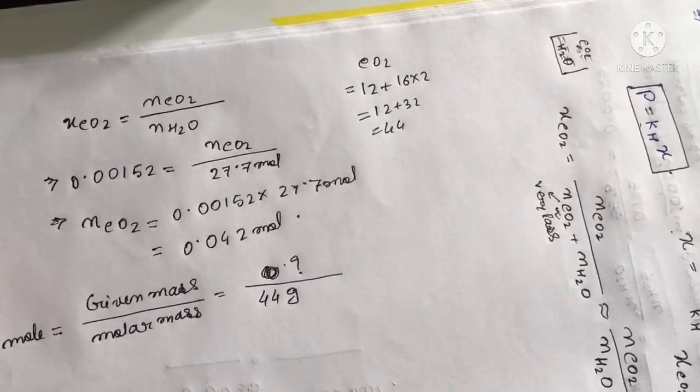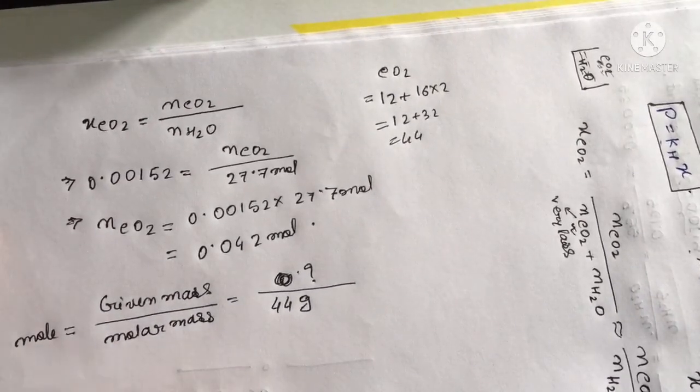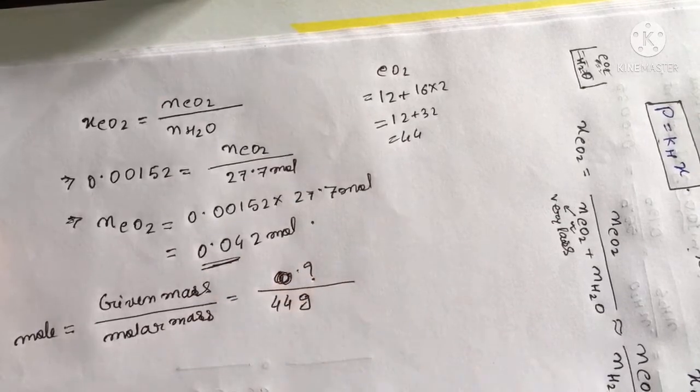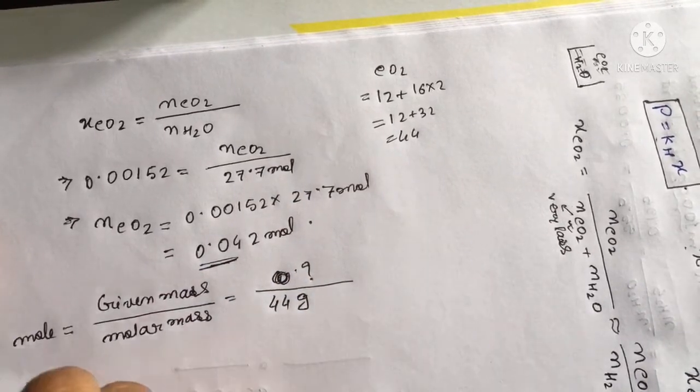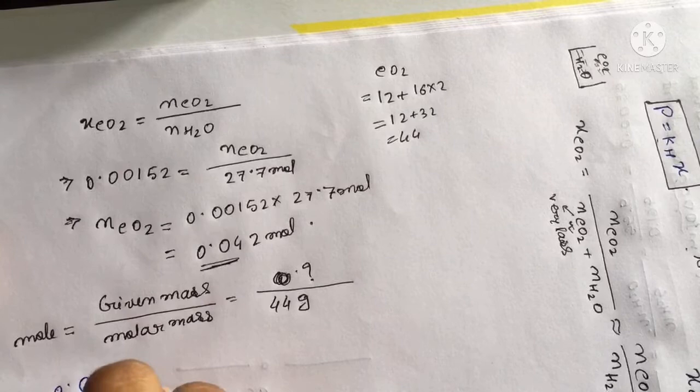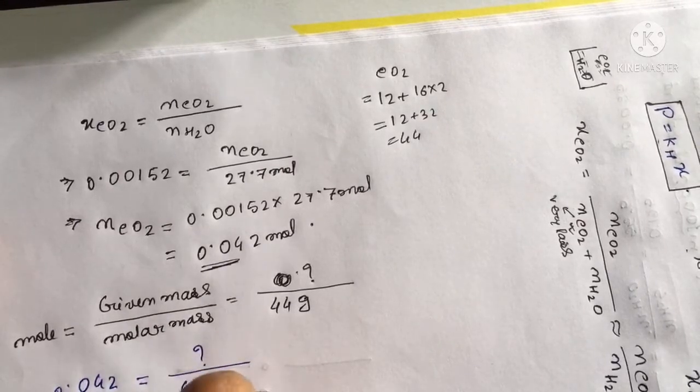So we know 0.042 mole equals 44 grams per mole.